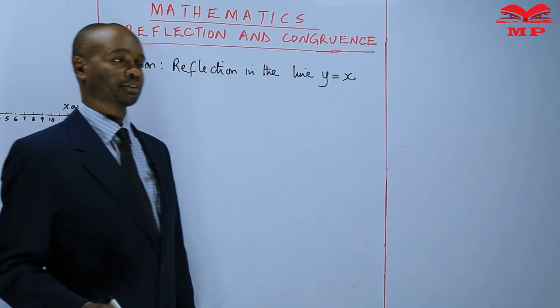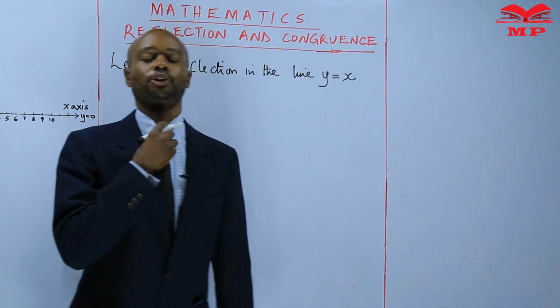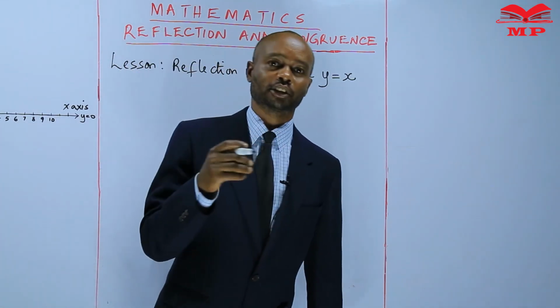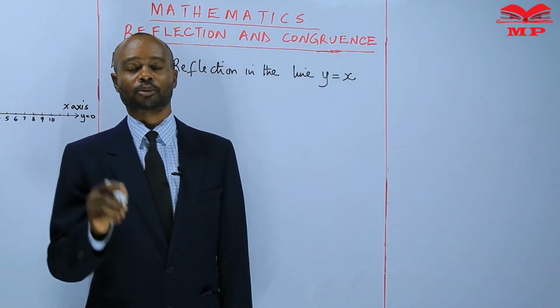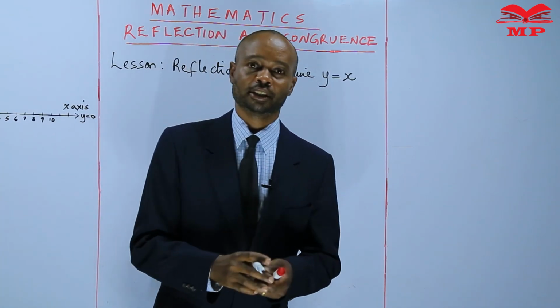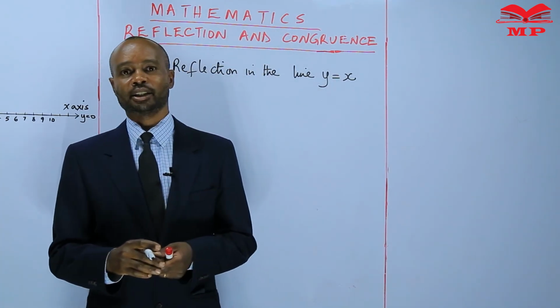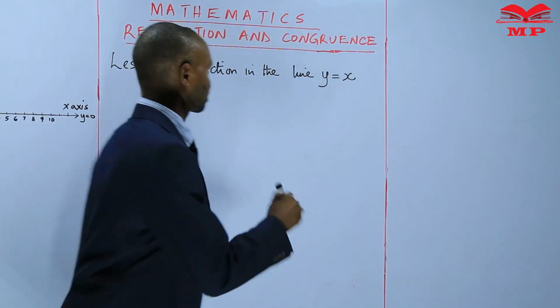At the end of the lesson, the learner should be able to deduce or get the images of points or objects on reflecting in the line y is equal to x.